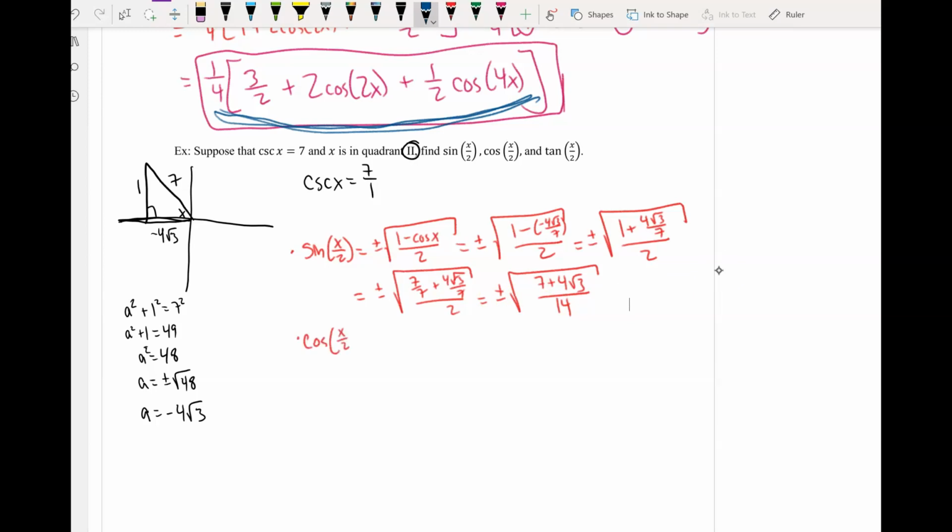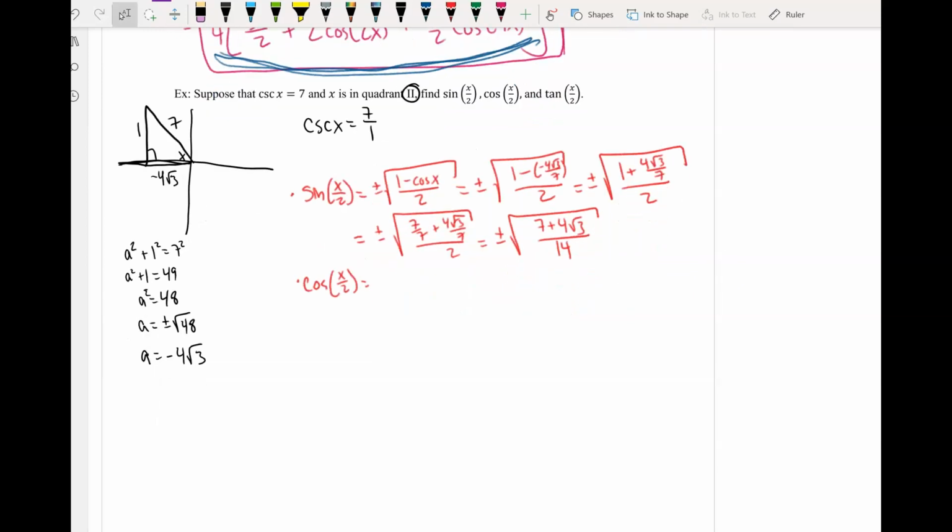This is going to be plus or minus square root. Now it's going to be 1 plus cosine x over 2. So I'm going to have plus or minus square root of 1 plus the negative, so a minus 4 square root of 3 over 7, divided by 2.